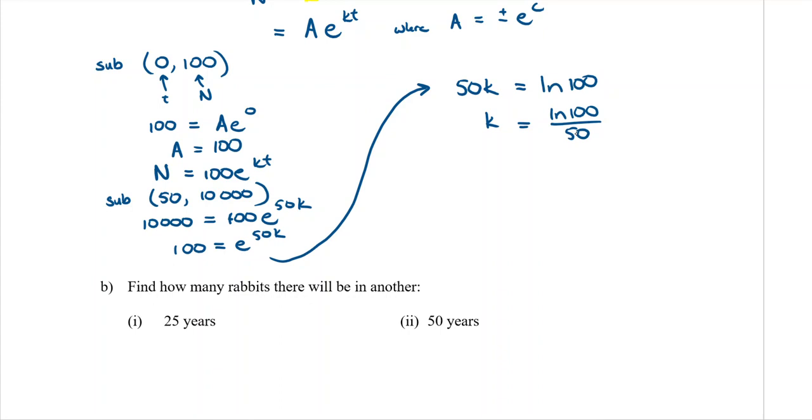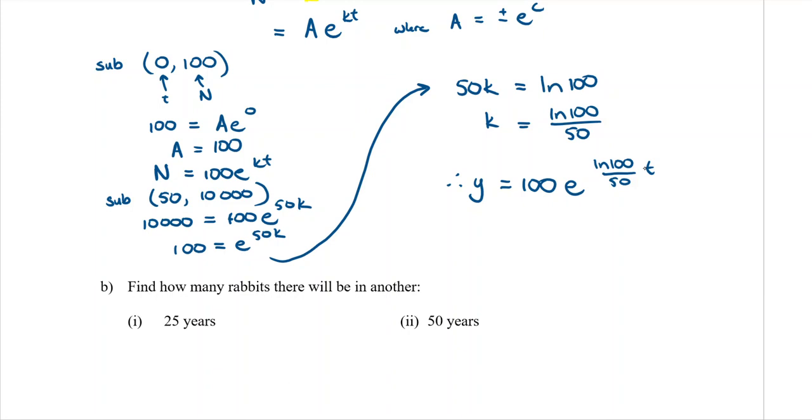I'm going to leave it exact, correct? Okay, so my equation is y equals 100 e to the ln of 100 over 50 times t. Bit of a nasty constant, but at least it's exact. And there it is.